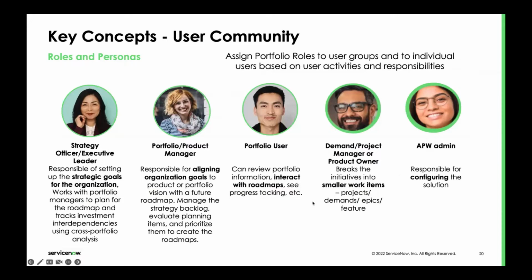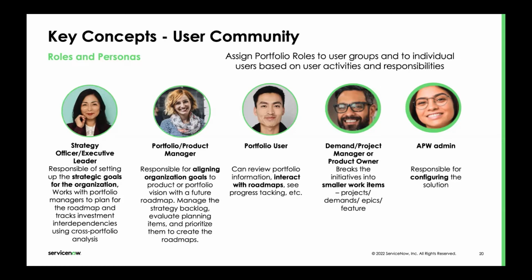So let's talk a little bit about key concepts around the roles, right? There's a baseline set of roles provided in the application that you need to do setup, right? These roles are specific to user activities and responsibilities. There's a technical role definition in the back of the presentation that will give you a guideline, and is also included in the getting started kit. As you can see here, we support personas from executive to product owners, to project owners, to administrators, right?